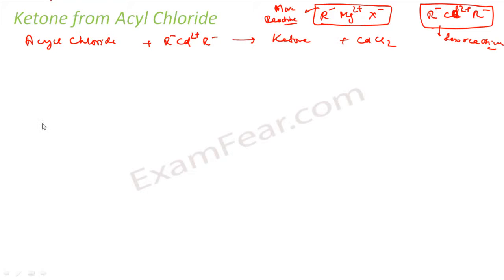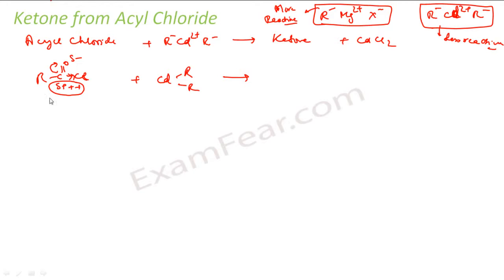okay, I'll take that later. Let's see the reaction first. Let's assume that you have CdR2, right? So if I have acyl chloride and I have CdR2, so if you see here, this is oxygen with slightly negative charge, carbon with slightly positive charge. Chlorine hogs electron density from this carbon, so it develops all the more positive charge.